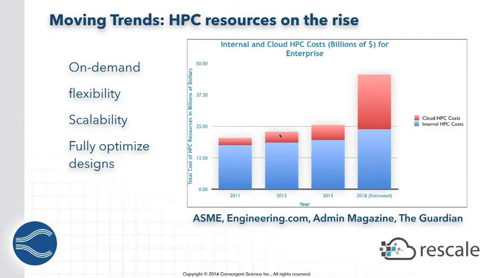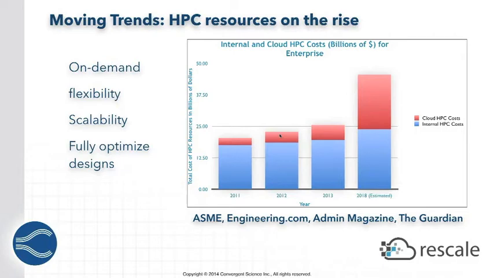Because of some of these challenges with internal HPC clusters, trends and research have begun to pop up that demonstrate the increase in cloud HPC usage and its estimated predictions for future growth. HPC processor usage in general is on the rise, and Intel saw over a 12% increase in HPC revenue from 2012 to 2013.